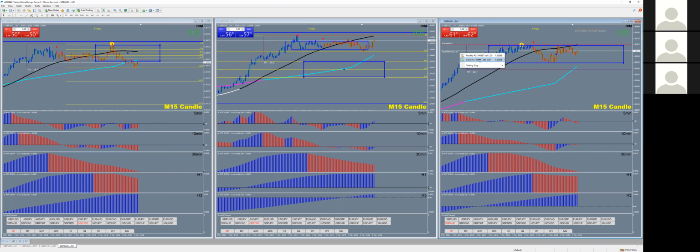Oh, now Aussie doesn't want to get strong. There you go. Come on, Aussie. This is what I'm looking at. I'm looking for this Aussie to get strong in order to bring that price down on the pound Aussie.